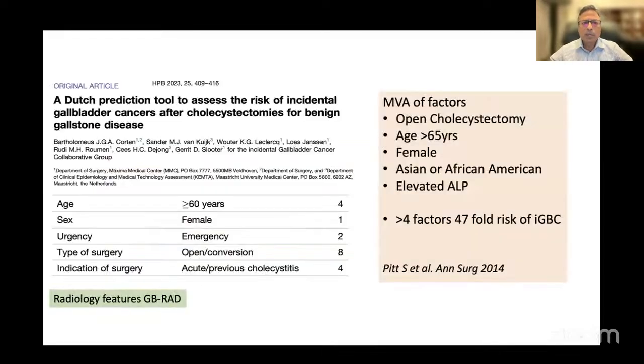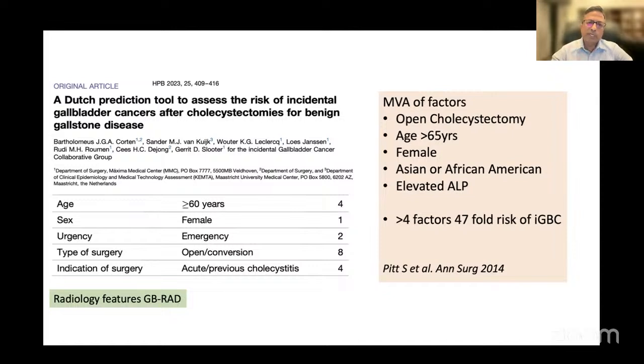So the first question one asks is, was there any way we could have predicted that this benign disease for which you're operating would have a possibility of malignancy? And there are some soft indicators for that. One of these is this Dutch prediction tool, which looks at age, sex, type of surgery, in terms of emergency or open or conversion, and indication of surgery.